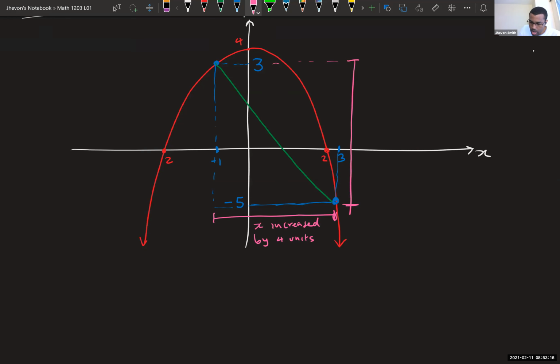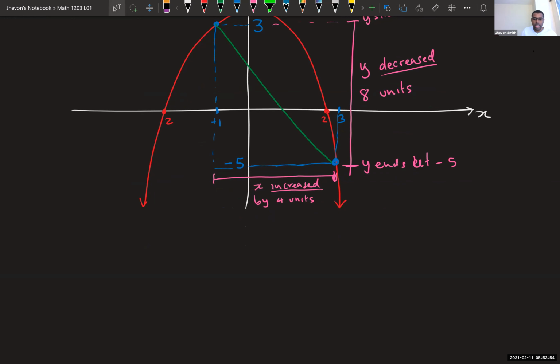You'll notice that our y decreased 8 units. How do I know it decreased 8 units? Well, y starts at 3, but y ends at -5, right? So the distance between 3 and -5, there are 8, right? So the point is, as x increased by 4 units, my y decreased by 8.